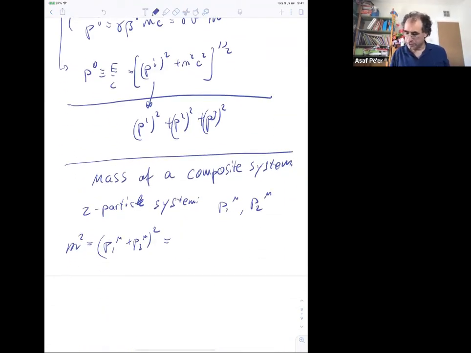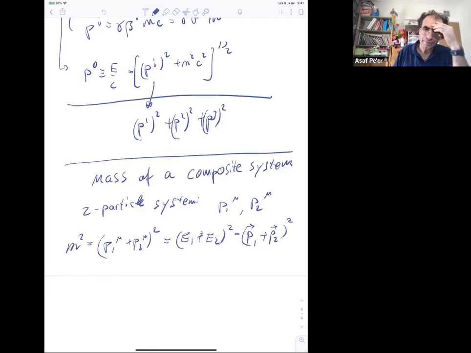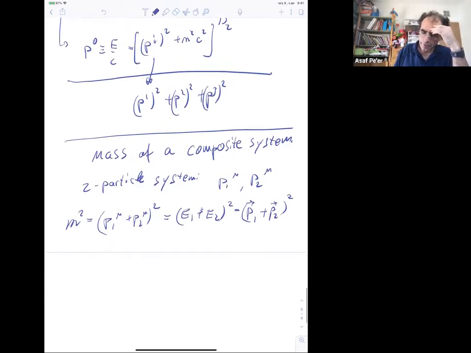This is of course just (E1 + E2) squared minus (P1 vector + P2 vector) squared. So when you open it up, this is just m1 squared plus m2 squared plus 2 E1 E2 minus 2 P1 dot P2.